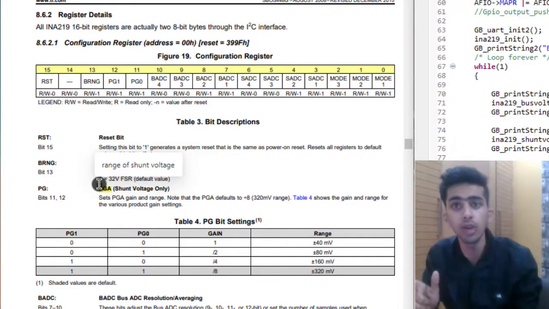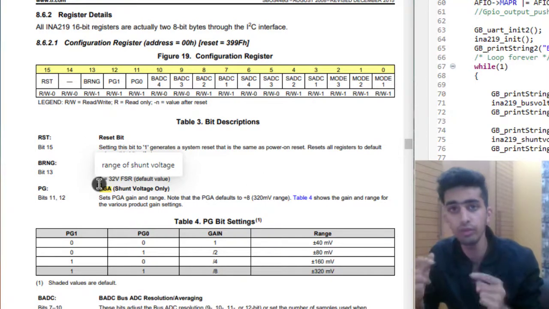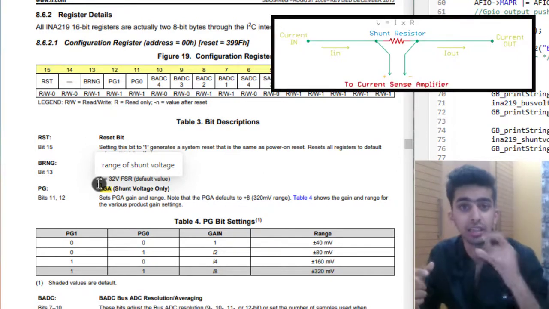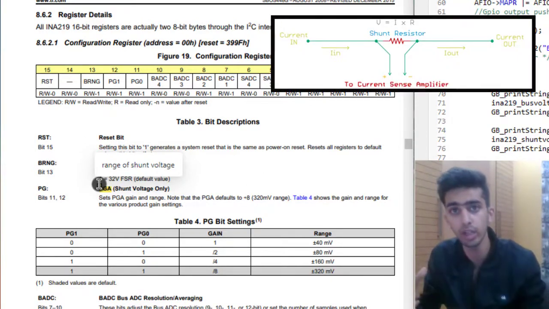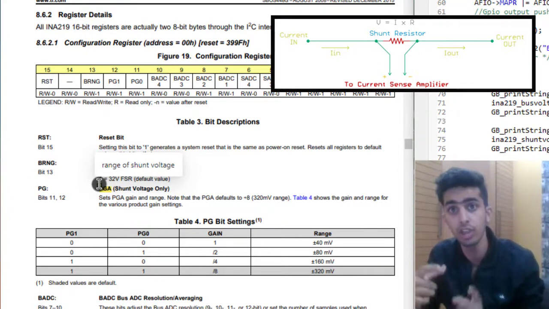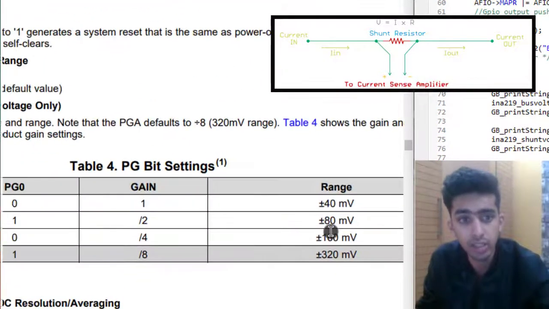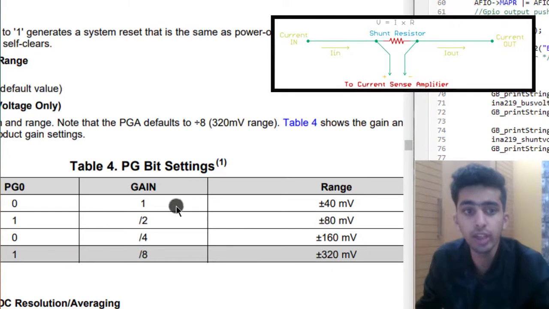This is the range of the shunt voltage, that is, the current sense amplifier's VIN positive and VIN negative get the differential input voltage from my shunt resistor. So I can configure what the range of the differential voltage across the shunt resistor will be. Either a maximum of 40 millivolt, 80 millivolt, 160 millivolt or 320 millivolt, and correspondingly my gain will shift.